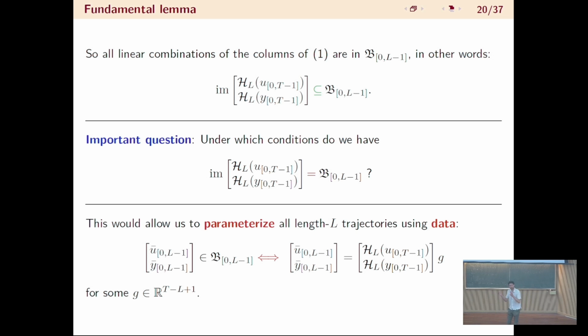In particular, to be a little bit more formal, if this equality would hold, then I would be able to parameterize all length L trajectories of the system in the following way.